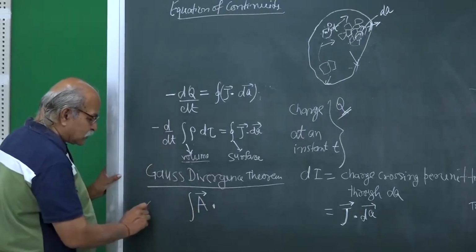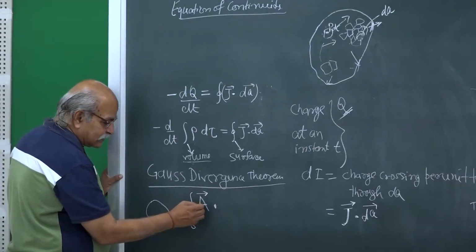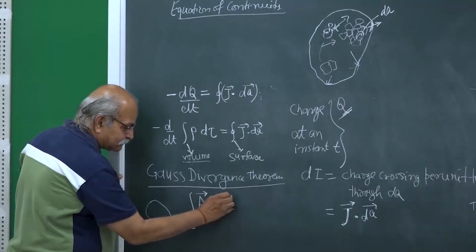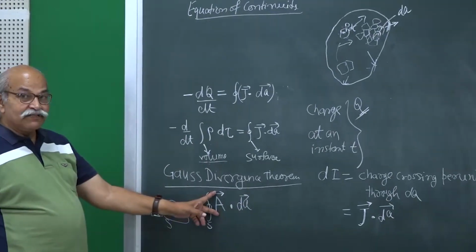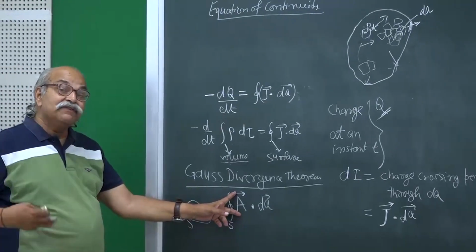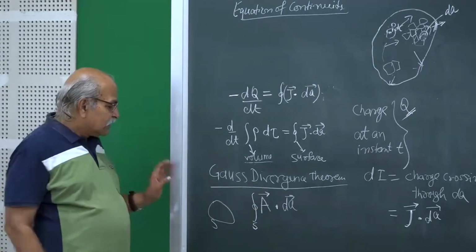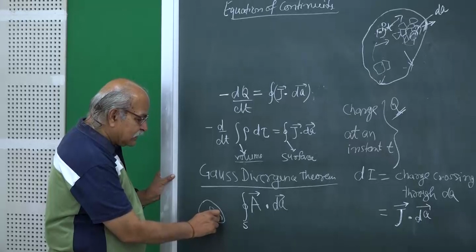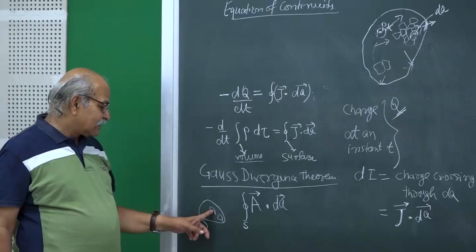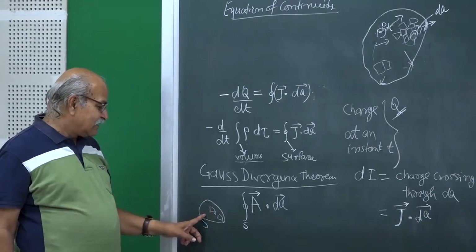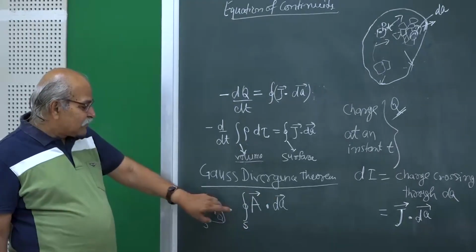Then you have a closed surface S, and on that surface you take the dA's and integrate A dot dA. Everywhere you calculate A dot dA and add them. So, that is this integration.